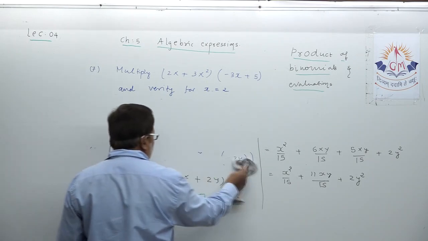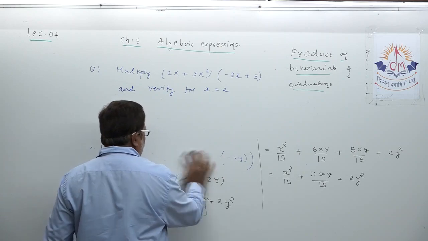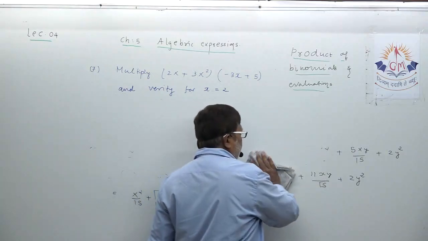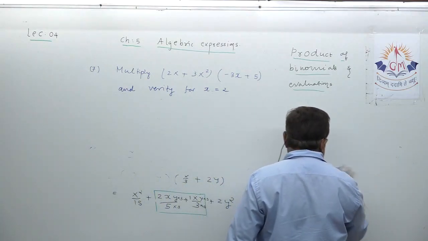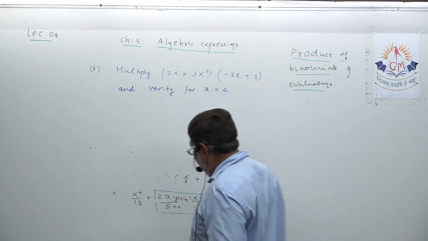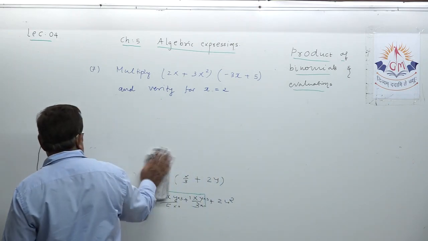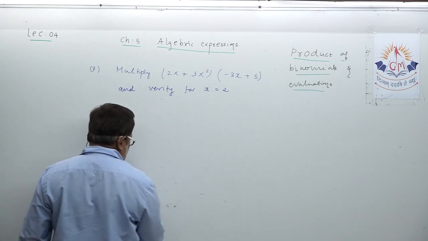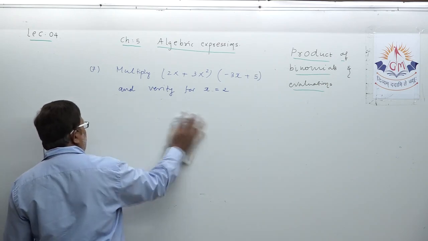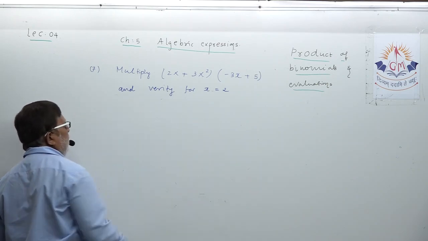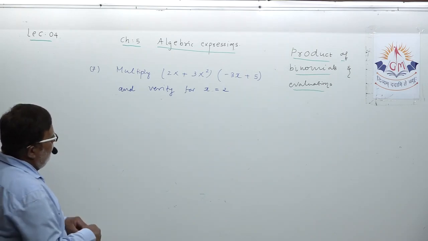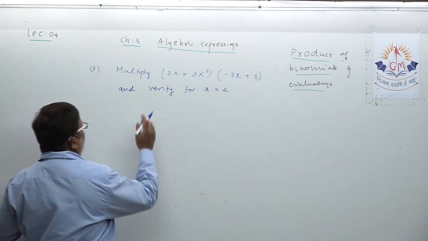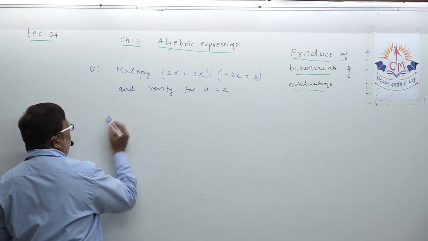First, dear student, before I start the example, you first need to understand the given data represented on the board. There will again be multiplication of two binomials, but with verification of the result at the end. How to do that? Let me do. First we will multiply. Okay.